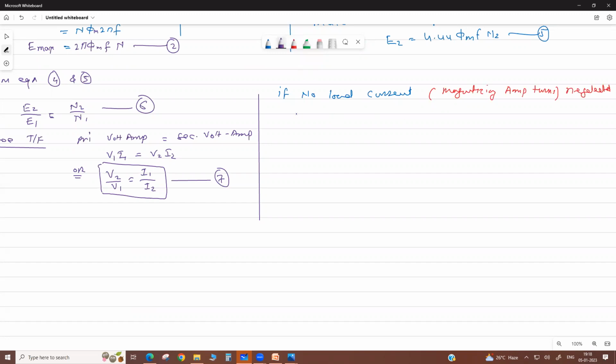in this condition, your primary ampere turns equal the secondary ampere turns. It means N1 I1 equals N2 I2, or N2 by N1 equals I1 by I2.